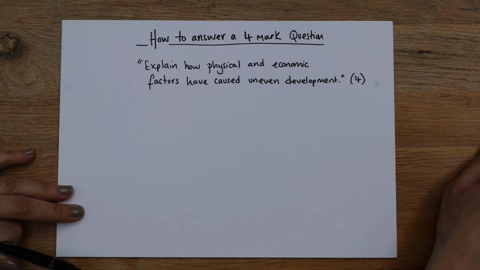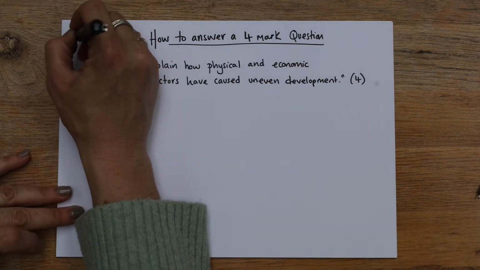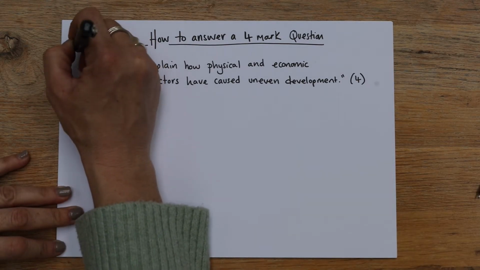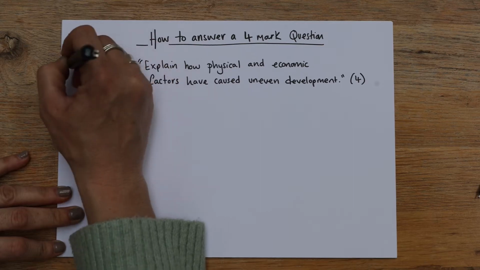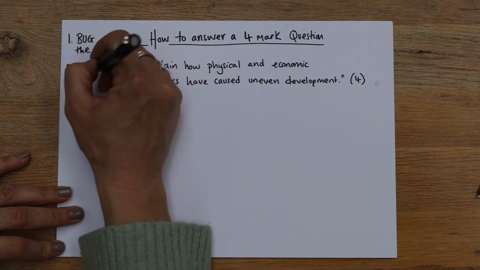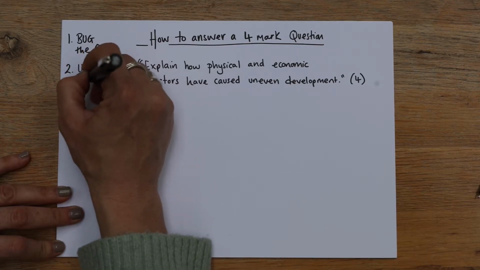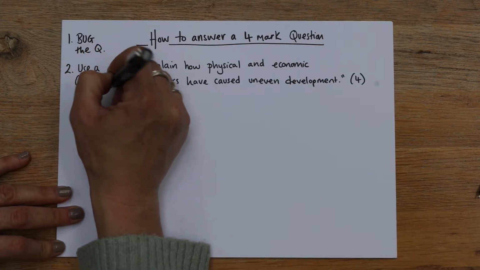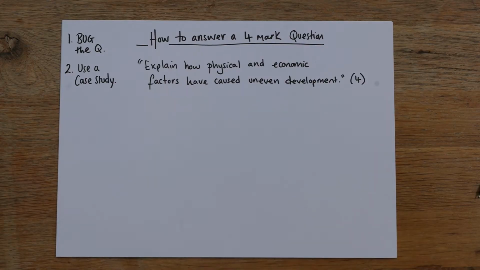So we are going to, remember our strategy, we're going to bug the question. We're going to do that first of all, and then if we can, we'll use a case study. I know again what you're thinking, 4 marker, do I need one? The answer is no, you don't have to have one.